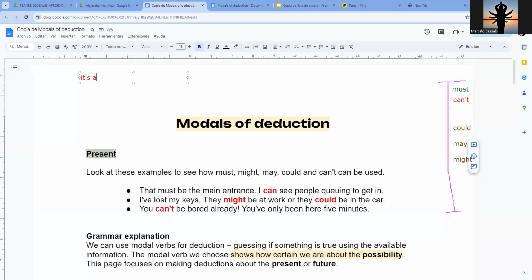It's a must. Yep. So it can have different meanings. For example, I could tell you, you must eat pique macho, if you move to Cochabamba.